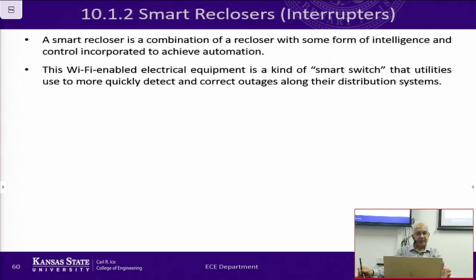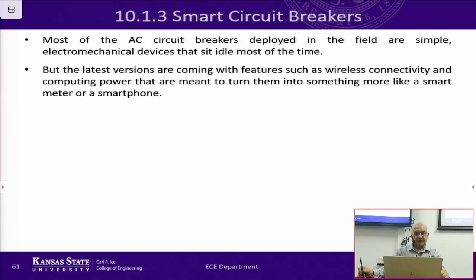Now you have Wi-Fi enabled electrical equipment inside the recloser, so you can communicate and set things remotely. Similarly, there are smart circuit breakers. Again, these have wireless communication capabilities inside the circuit breaker, and those are again a new generation of devices that are being developed.